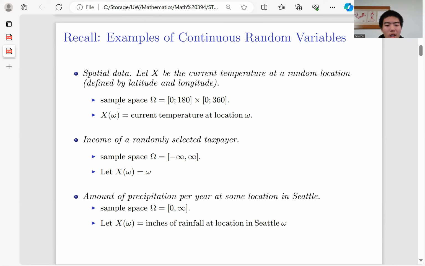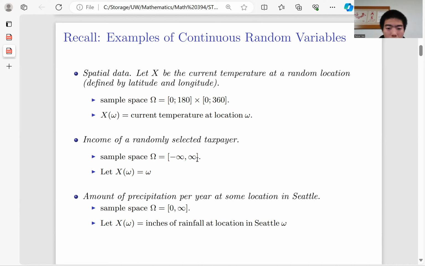For example, if the sample space is constructed as all of the points between longitude and latitude, you can always find smaller and smaller points between two points. So this is a continuous case.